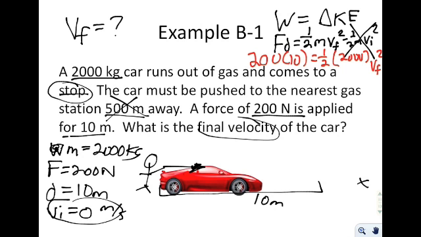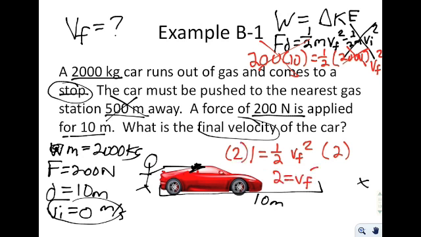Since I have 2,000 on both sides of the equation, it will cancel out. What I'm left with now is 1 equals 1 half Vf squared. Multiply both sides by 2, and you get 2 equals Vf squared. You need to take the square root of both sides, and you get the final velocity is the square root of 2, which is 1.414 meters per second.